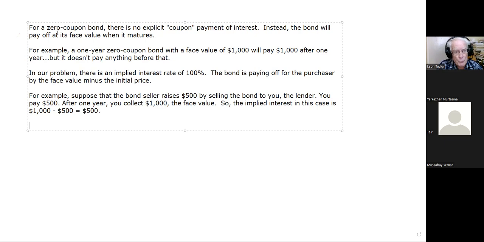The other part deals with present value. So remember that present value is the value today of a future payment.